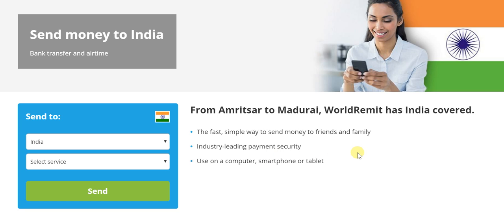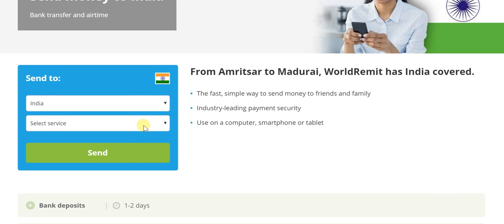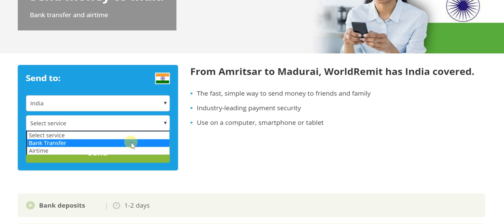You cannot be indulging in anything close to money transfer on a platform which is not secure. And at the same time, it is very flexible, whereby whether it's a computer, smartphone, or tablet, it does not matter. You can use it with as much ease. So let's see the steps so that you can learn and then use the same steps yourself as well.